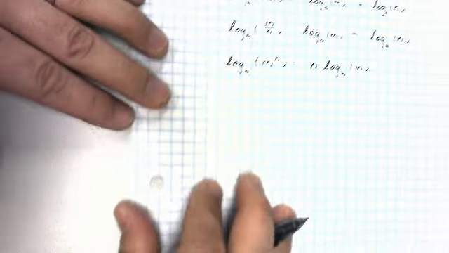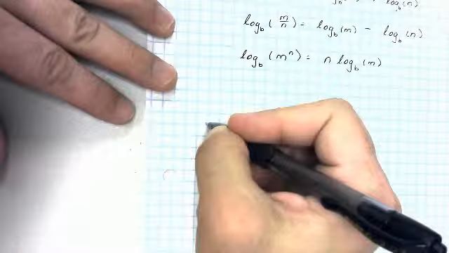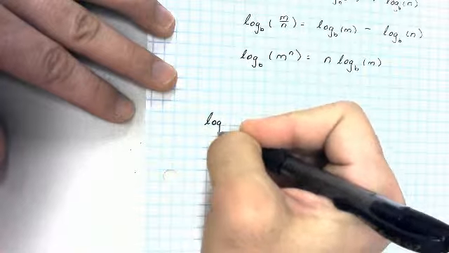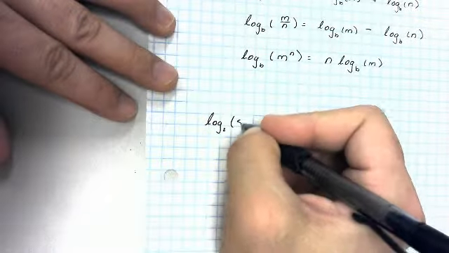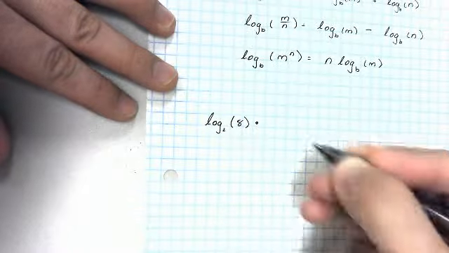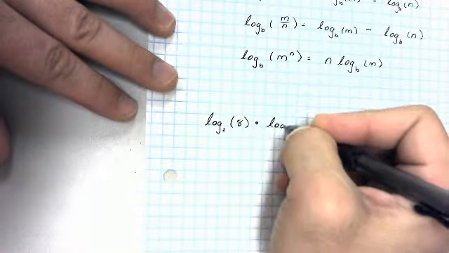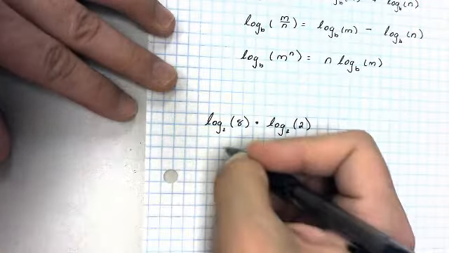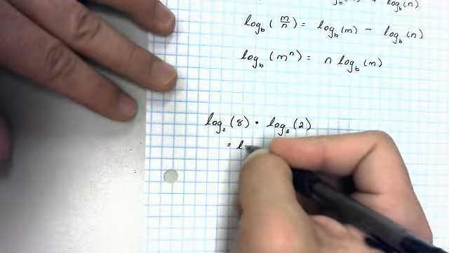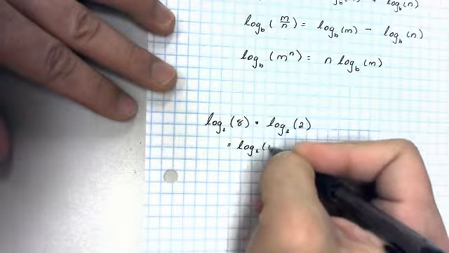So that now, if I were to have log base 2 of 8 plus log base 2 of 2, that would equal log base 2 of 16.